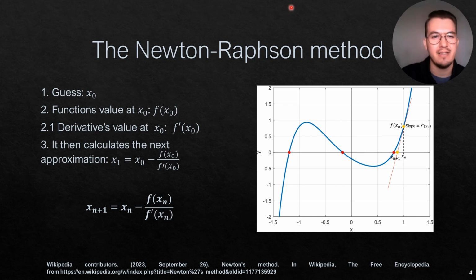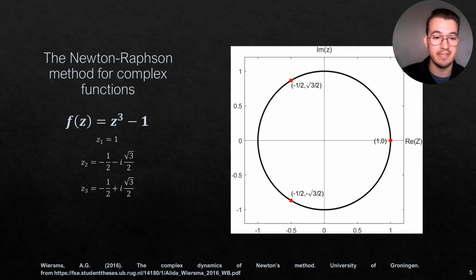So basically this process is repeated iteratively with each new x value getting closer to the actual root. A general form of the Newton-Raphson method is written with the n sub indexes, which is also shown here, just to make it easier to implement as a program. Let's go to the next slide.